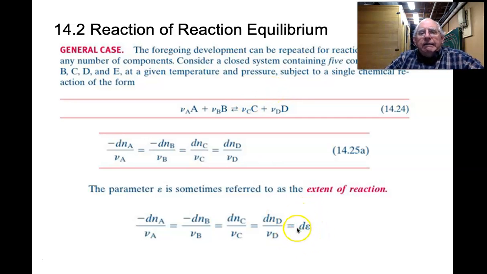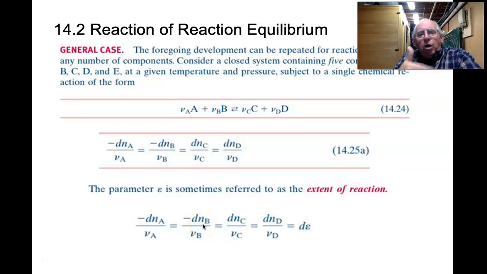And so d epsilon is a differential change in the direction to the right. And so if I say that d epsilon is positive, I'm saying that this reaction is going to the right, that C is being formed, D is being formed at the expense of A disappearing and at the expense of B disappearing. So a differential change to the right corresponds to this dn_C and this dn_D being positive, and this dn_A being a negative component, and the dn_B being a negative component.